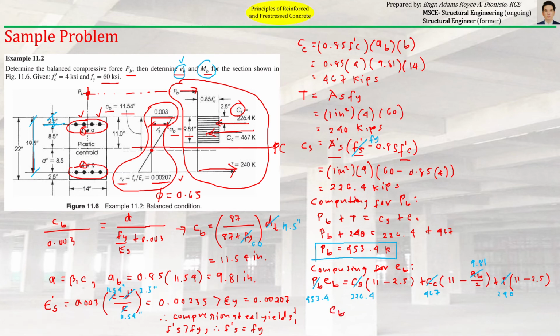We can directly compute for EB. EB is just equal to 226.4 times (11 minus 2.5) plus 467 times (11 minus 9.81 over 2) plus 240 times (11 minus 2.5), divided by 453.4. So, EB will be approximately 15 inches. Okay? EB is approximately 15 inches, and that will be the another answer for this problem.